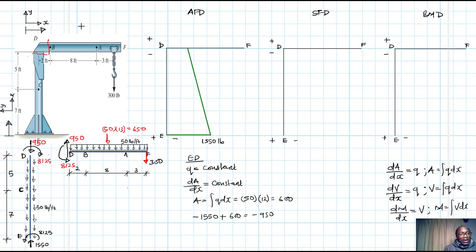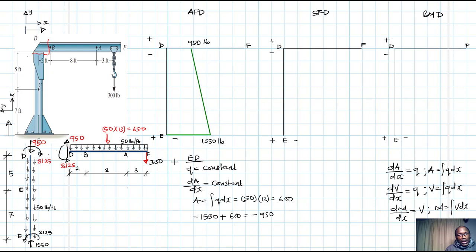So let's say somewhere there is our 950 pounds. Let me write it down. That is our 950 pounds.